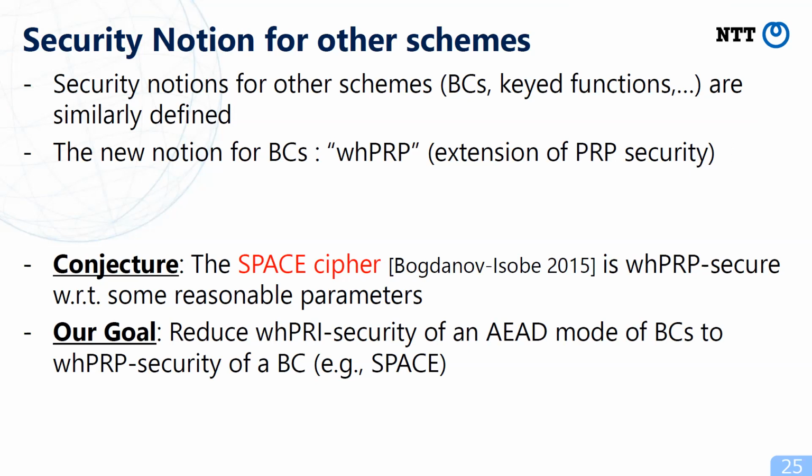So next, our goal is to come up with an AED mode of block cipher and reduce WHPRY security of the AED mode to the WHPRP security of the underlying block cipher. So this is our next goal. Our next question is how to reduce the security notion.